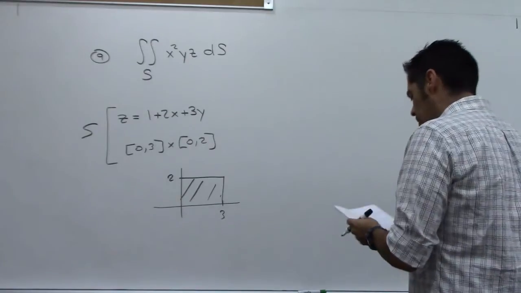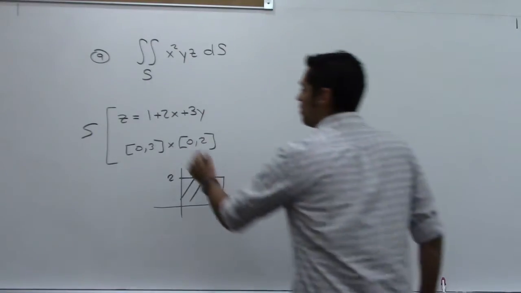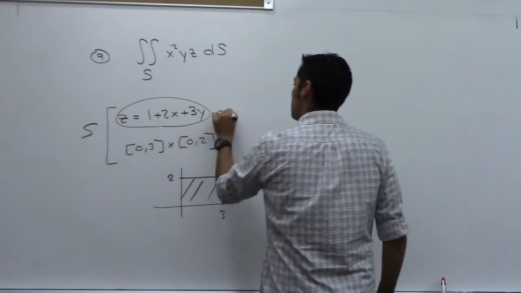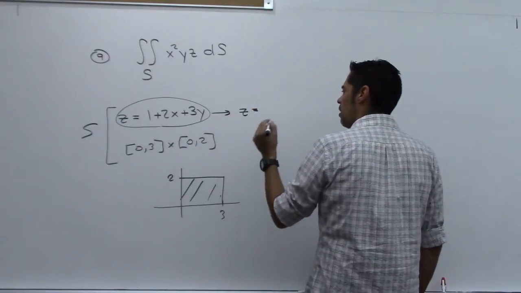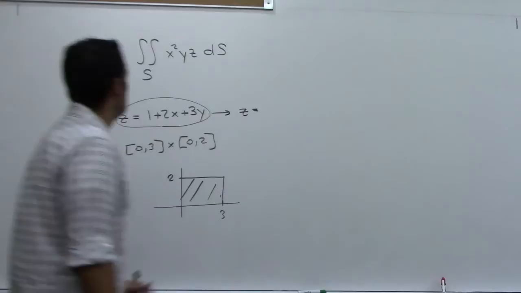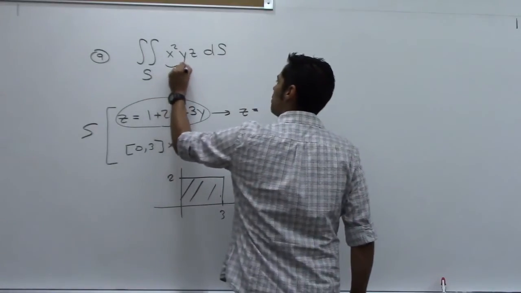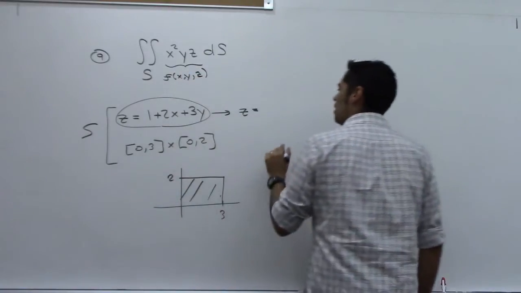But we notice that this is some function. I can call it f. In the notes I call it g, because we're calling the scalar function here f of x, y, z, so we don't want to use f twice.